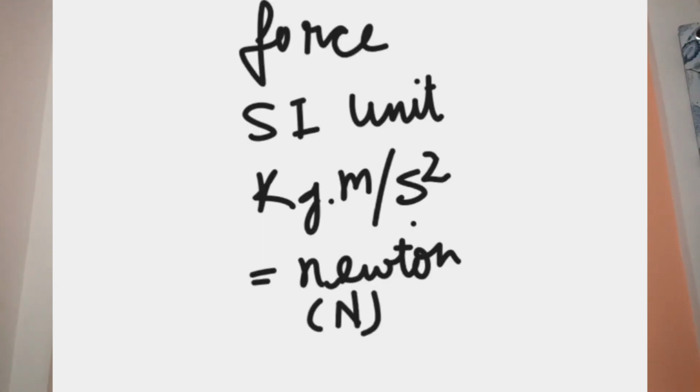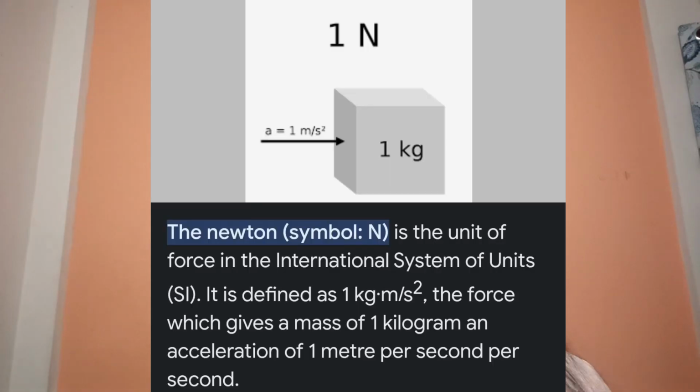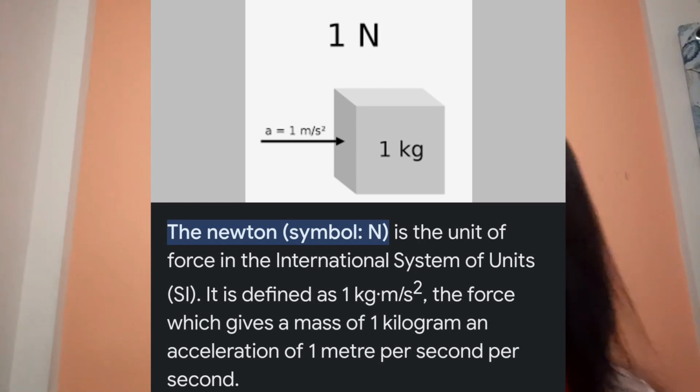What is the unit of mass? It is kg, multiplied by the unit of acceleration, which is meter per second square. So the unit of force is kg meter per second square, and it is also known as Newton. So the unit of force is Newton.